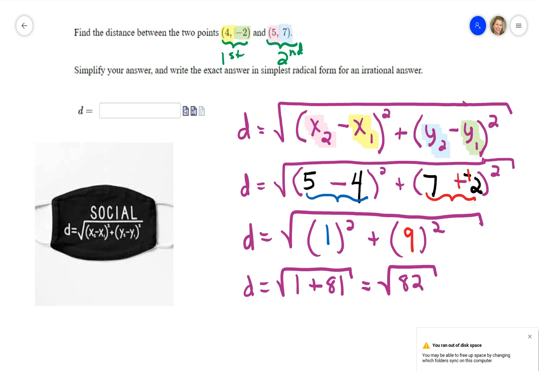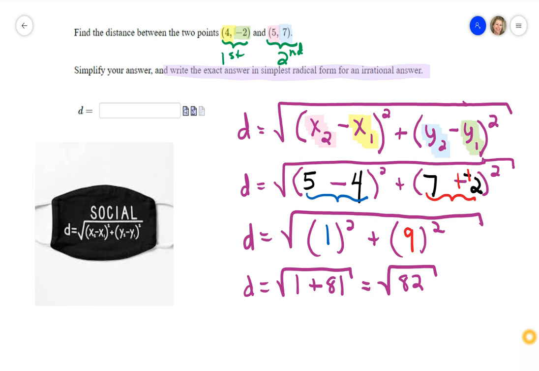And then it says up here, write the exact answer in simplest radical form for an irrational answer. Okay. 82. Let's see, 4 does not go into 82.